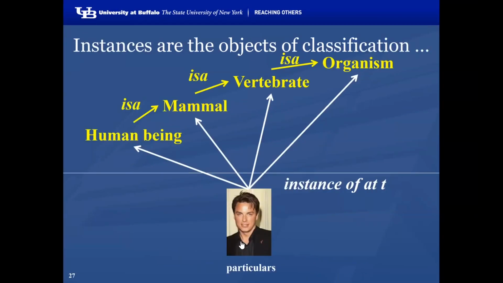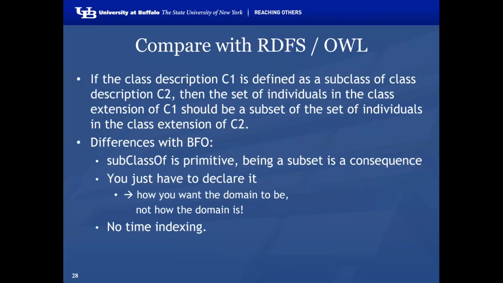Because this guy instantiates at the same time all those universals, we can express that briefly by using the ISA relationship. In RDFS or in OWL, that is not the case. In there it is exactly the opposite: you first define your subclass of, and then you combine.